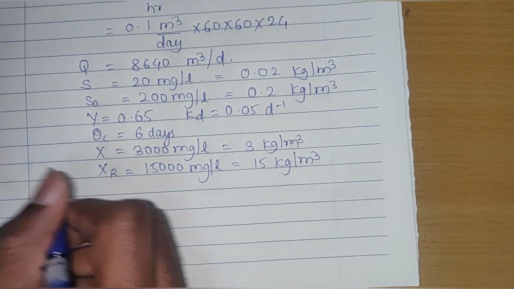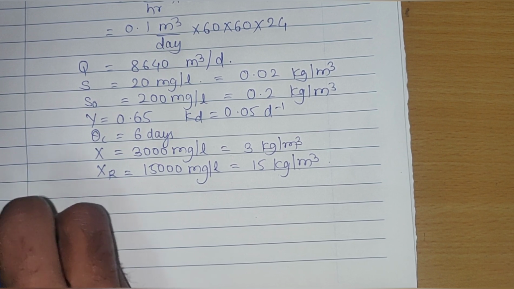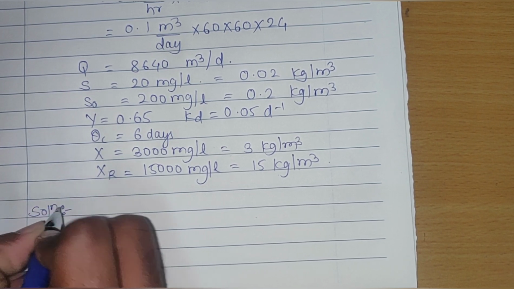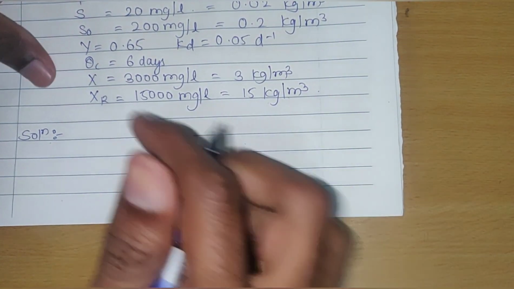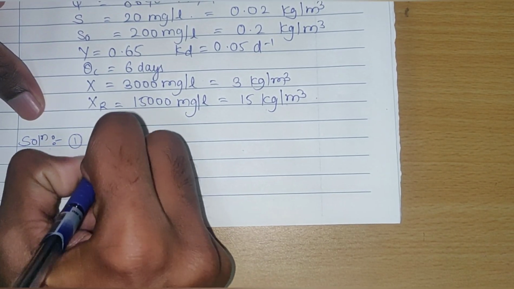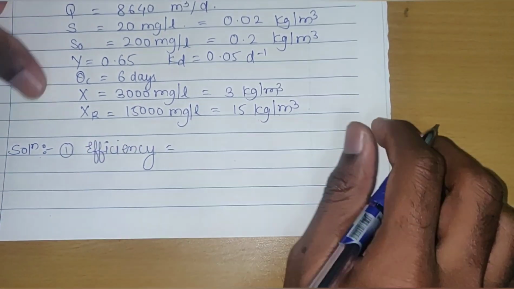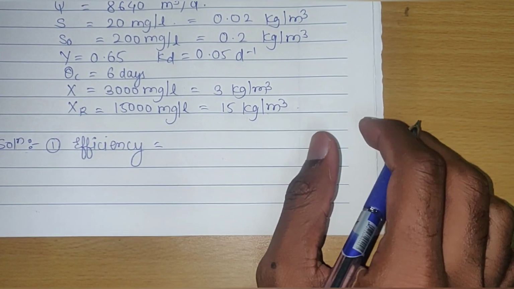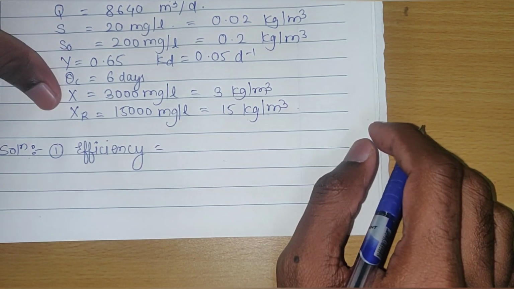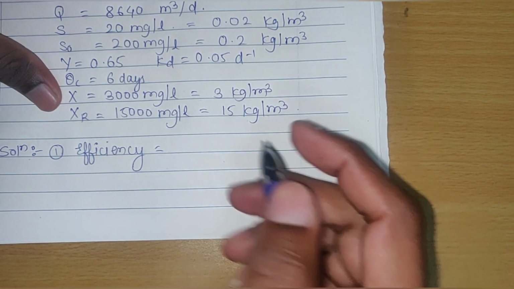So we'll start with the design. First we will calculate the efficiency of the activated sludge process. The efficiency is nothing but the BOD removed divided by the total BOD available in the wastewater.